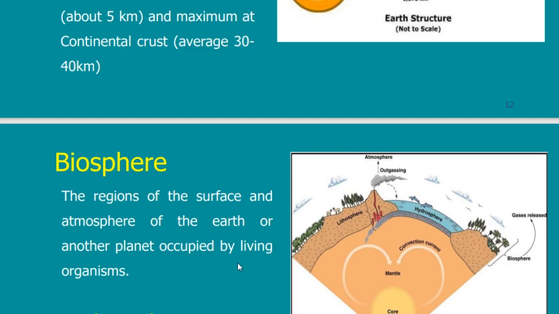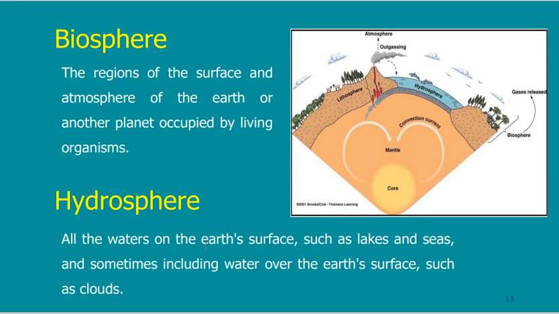So biosphere, it is not just one layer. It is a combination of parts of layers. It takes from the crust and it takes from the atmosphere. So that's why I put it on top. Then we have something called the hydrosphere.